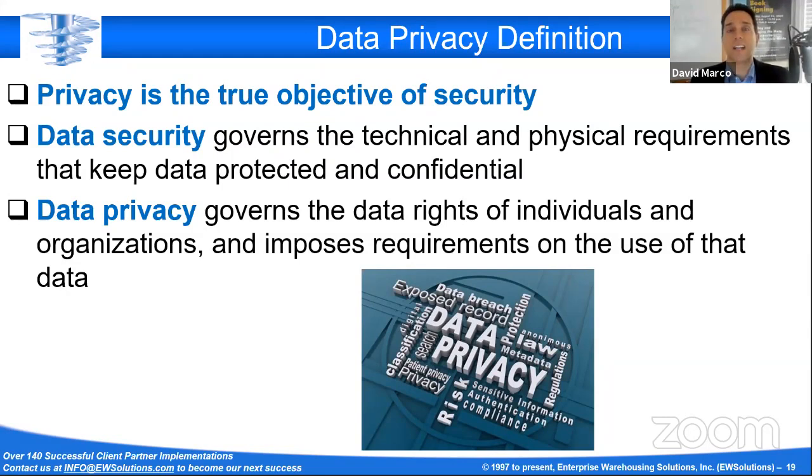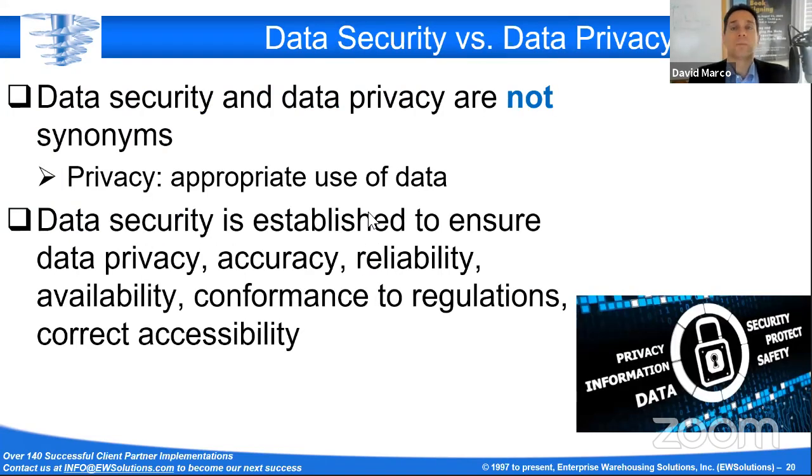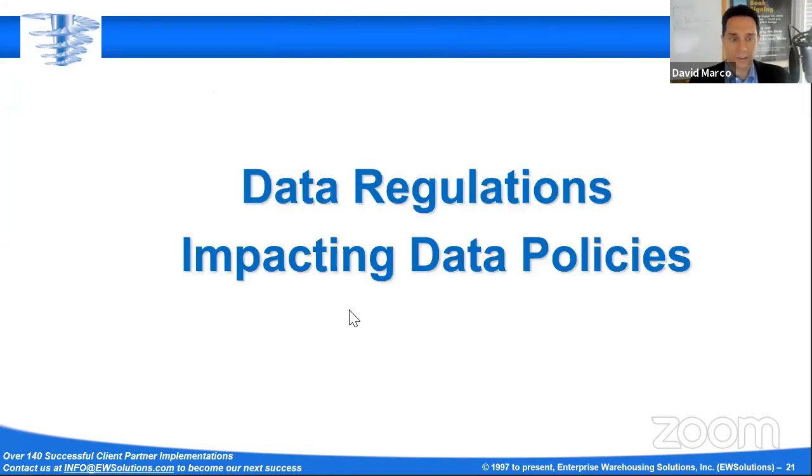Privacy governs the data rights of individuals and organizations and imposes requirements on the use of that data. Data security and data privacy are not synonyms because privacy is the appropriate use of data. Security establishes privacy, accuracy, reliability, availability, and helps us conform to regulations.